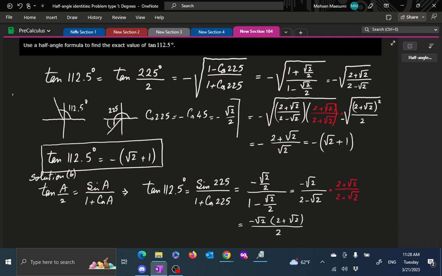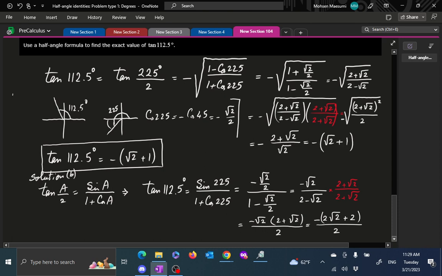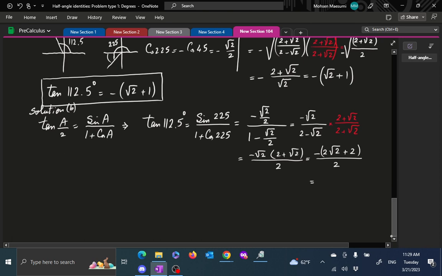That's just 2. So now we have the following. Radical 2 times 2 is minus 2 radical 2. Radical 2 times radical 2 is just a 2. And I will put a minus outside, divided by 2. Now cancel the 2's and you get a minus radical 2, and remember this is just a 1.